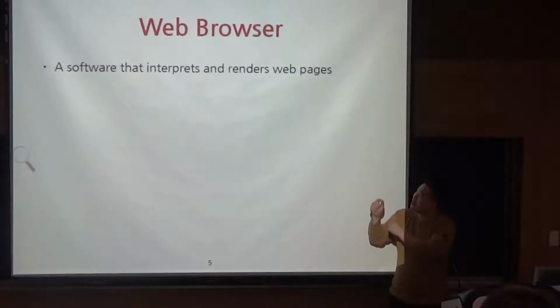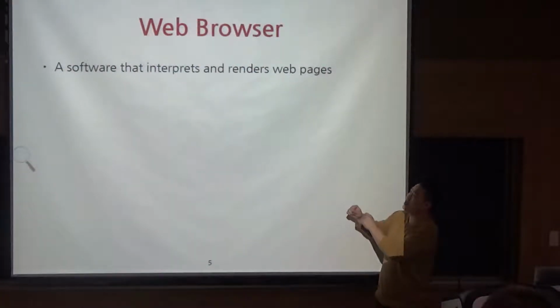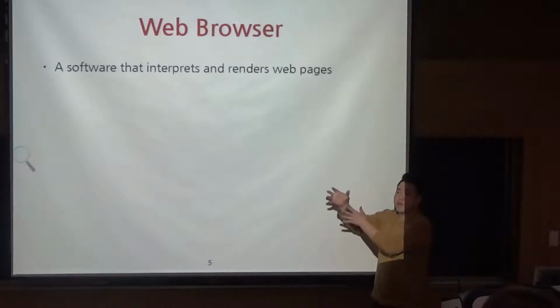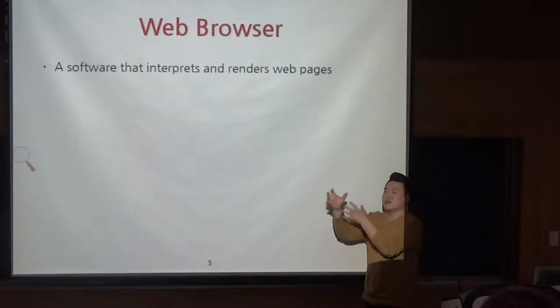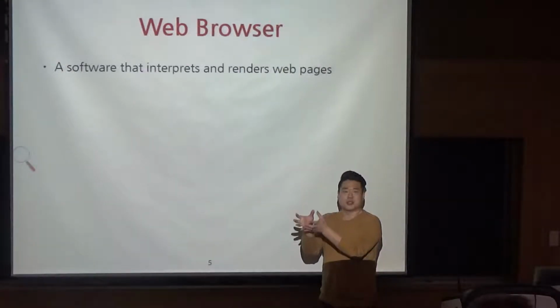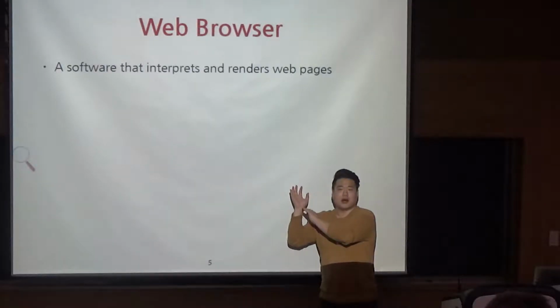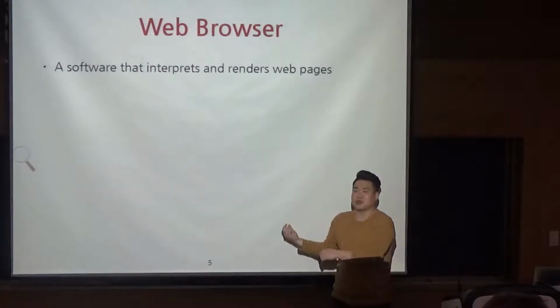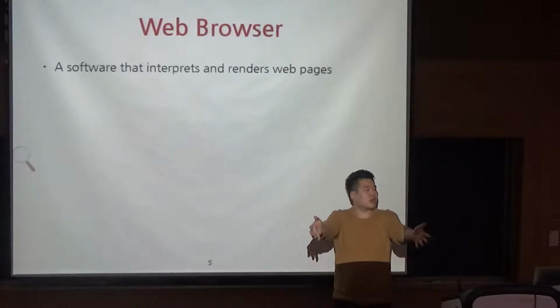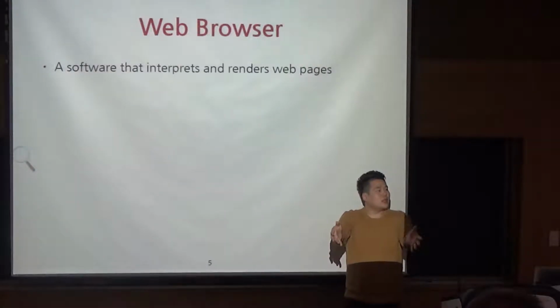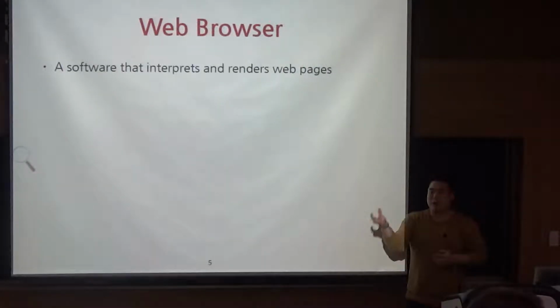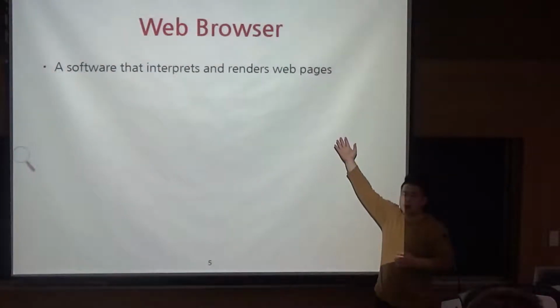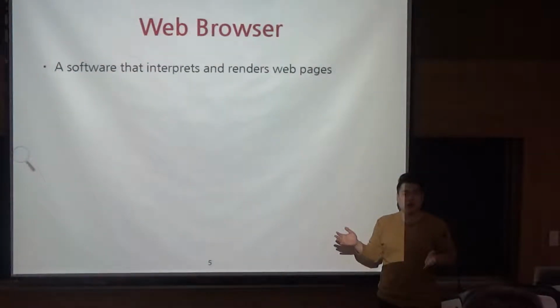So it renders and interprets the web page. The web page is basically source code, and the web browser presents the source code as graphical things. So whenever you want to see web pages, you have to use a web browser. And that's what we are all doing, right? We use Chrome or Explorer to see web pages.